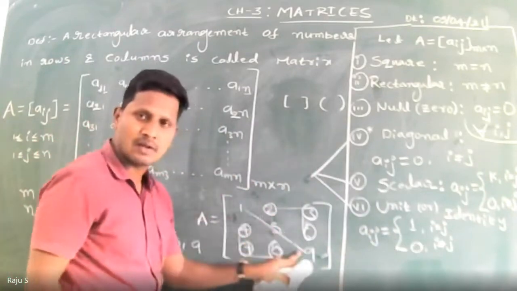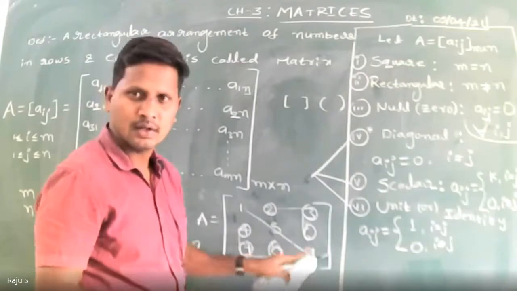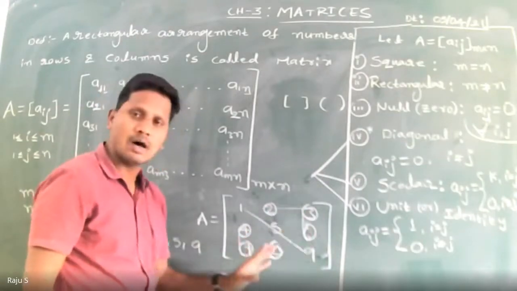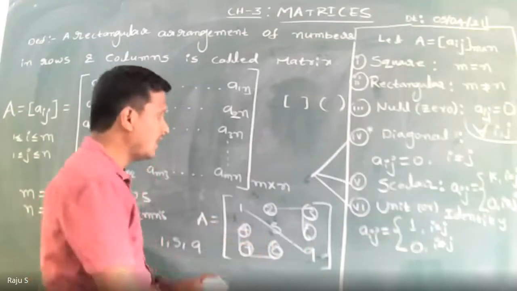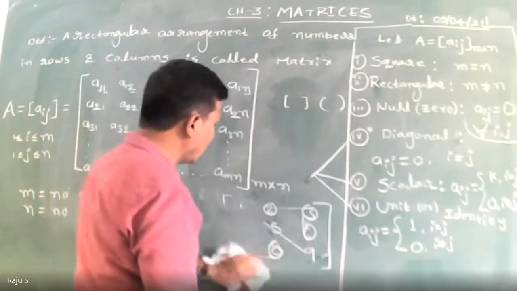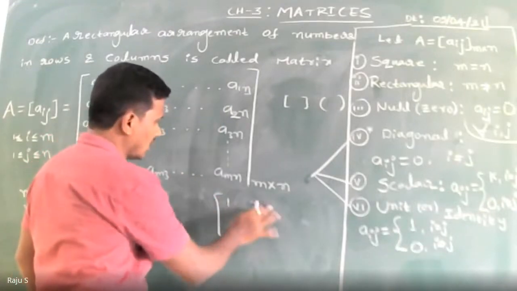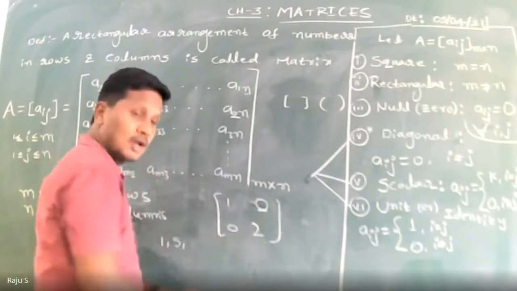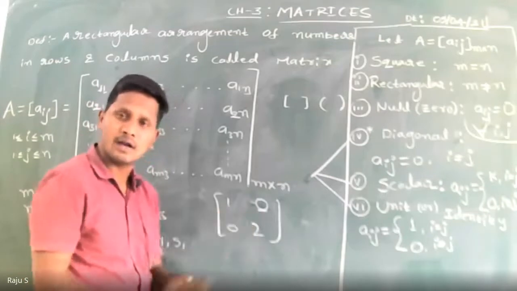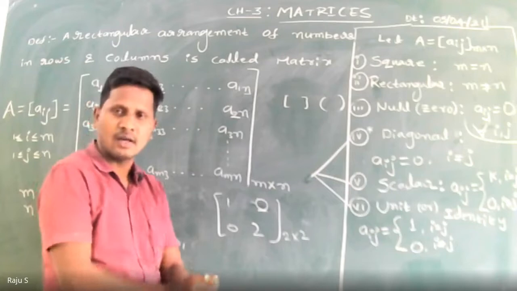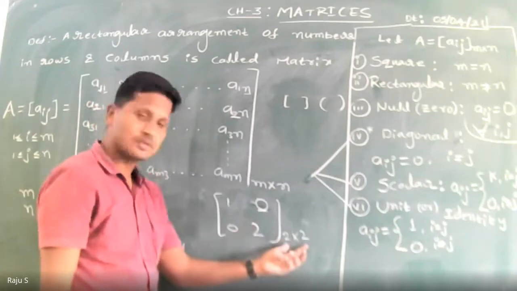Any one of the diagonal elements must be non-zero, and the remaining non-diagonal elements must all be zero. The example is a 2 by 2 matrix, 1 0 0 2. This is a diagonal matrix of order 2 by 2. So a diagonal matrix exists only for a square matrix.